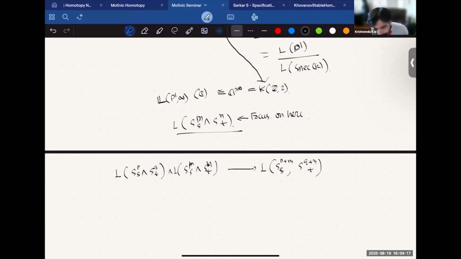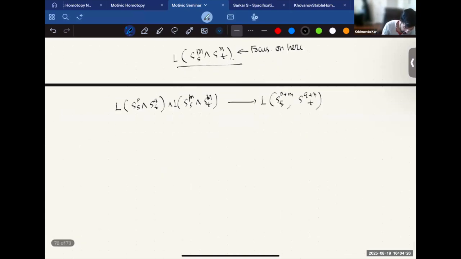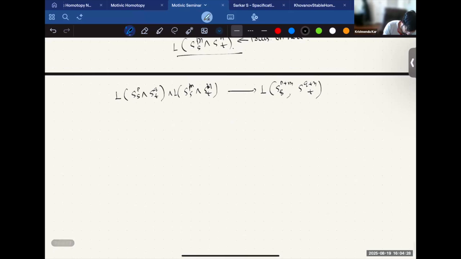Using these, we can define the connecting maps, the structure maps. If we take these L's to be our spaces, HZ(n) is defined to be L of S^n smash T. There you go. This is your motivic Eilenberg-MacLane spectrum.